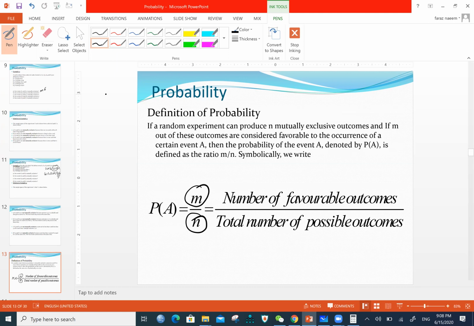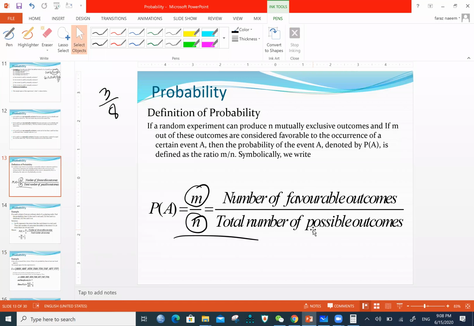There are three boys, we want to select one, out of 8 students, so we are selecting one, so 8C1, which is 8. I have started my definition by explaining this one. Is that clear?